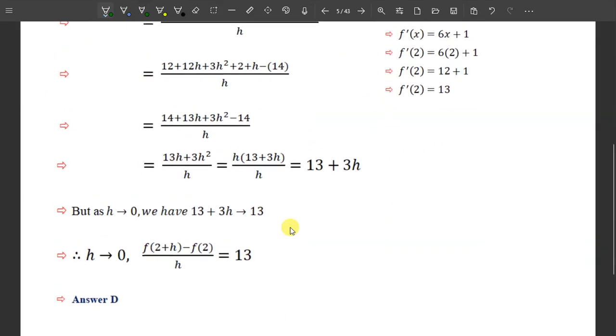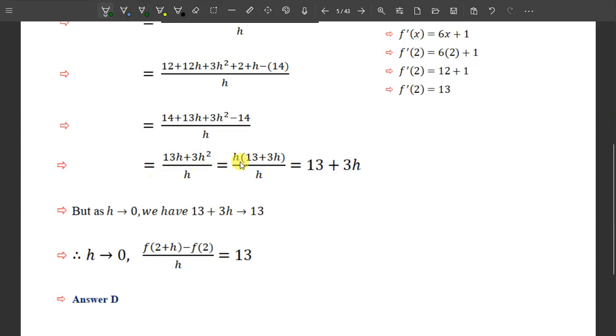Then let us add or subtract similar terms together if there exist any. Here 14 and minus 14 are pure numbers, therefore we call them similar terms, and they cancel each other. What is left here? 13h plus 3h squared over h.